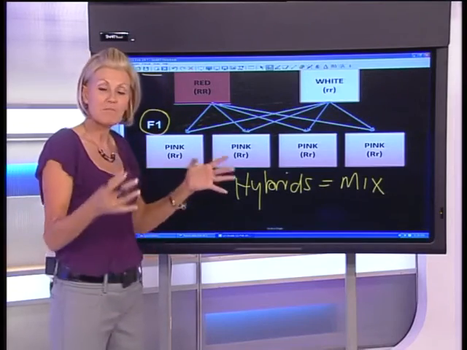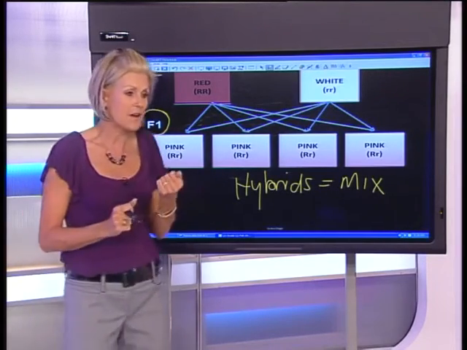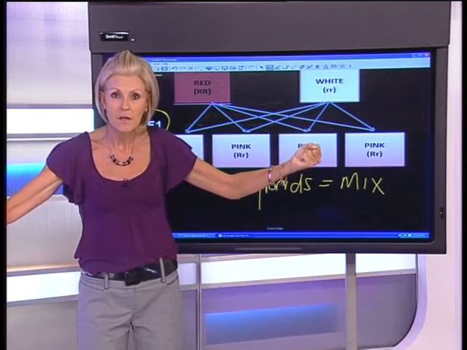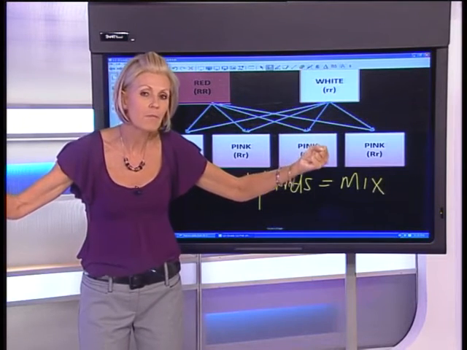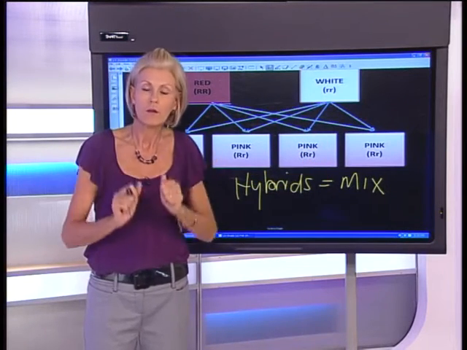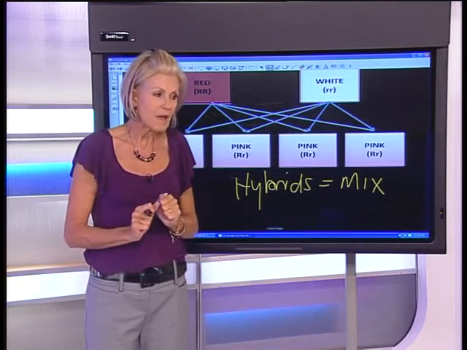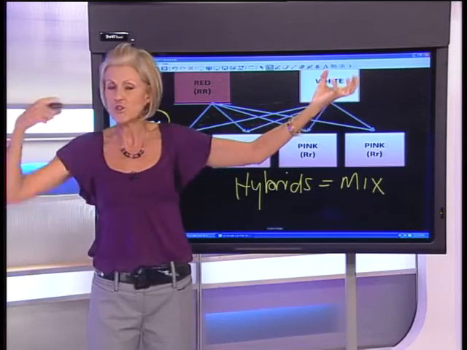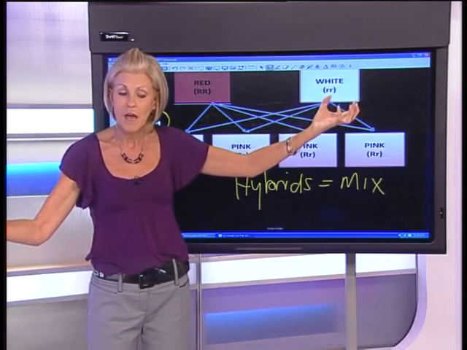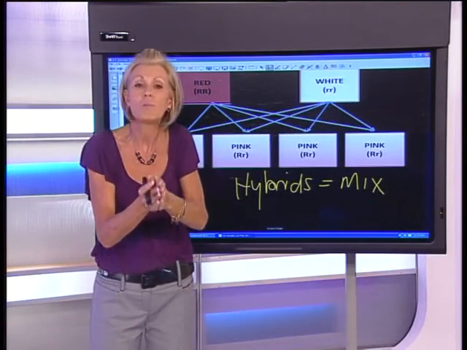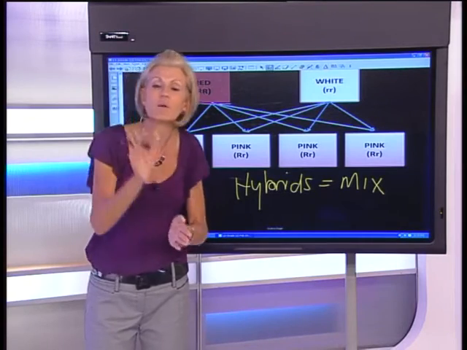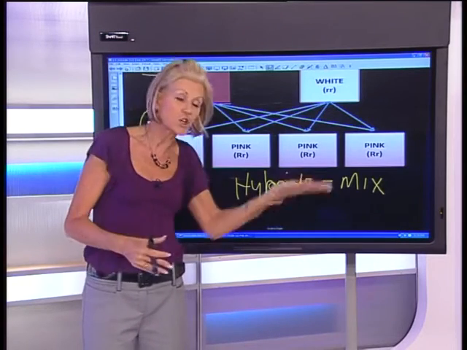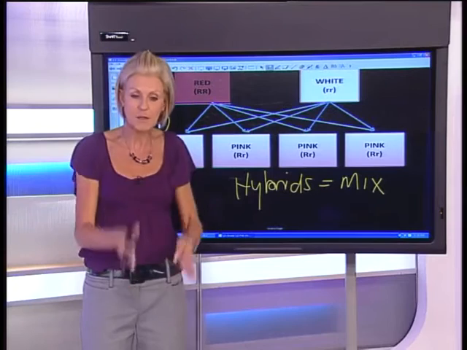So you have a mixture. So let's take this. If I have black and white, I'll end up with gray. Perfect. You follow? If I have curly hair, which is dominant, and straight hair, which is recessive, and I mix the two, what am I going to have with incomplete dominance? I'm going to have wavy hair. It's not curly, it's not straight, it's in between.